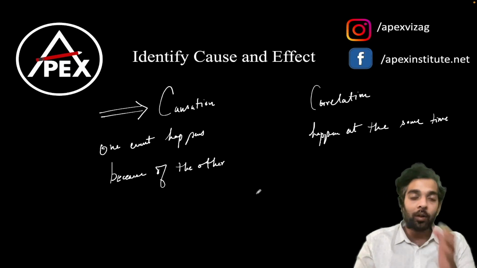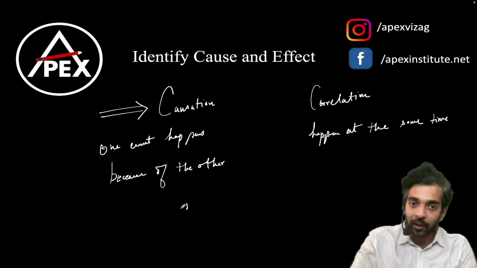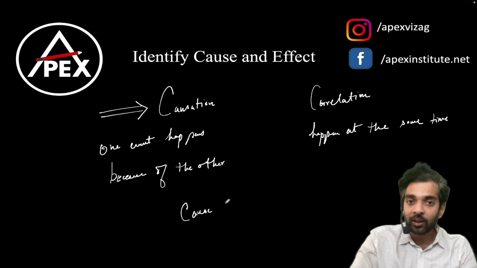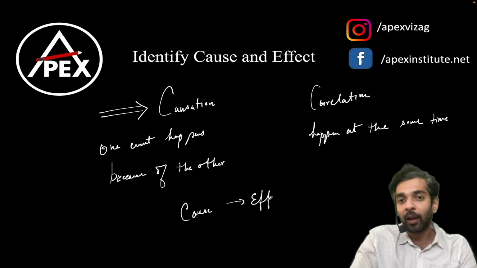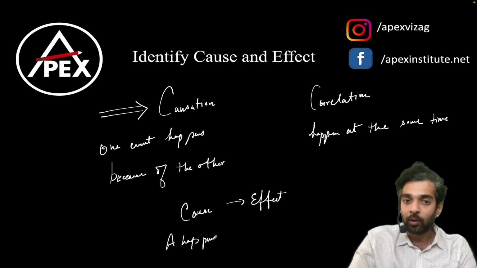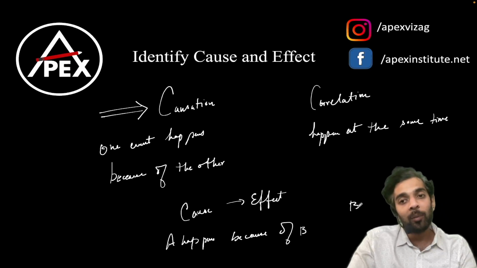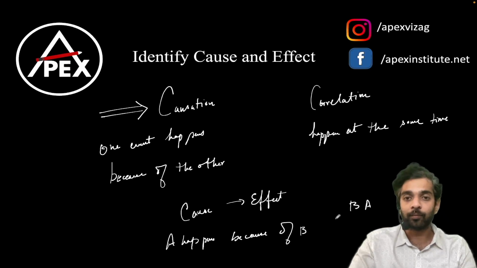Alright. So always look for causation and always place it as cause first, followed by effect. So if I say that A happens because of B, then your order will be B and A. Are we clear?